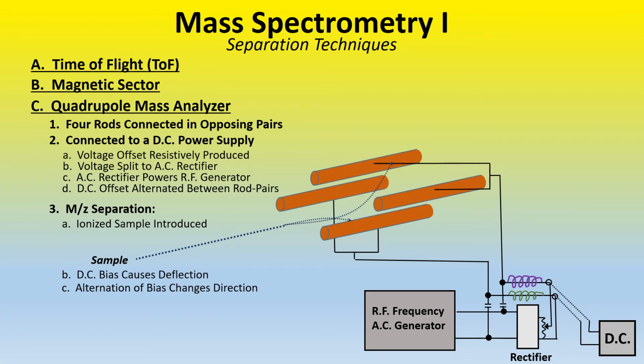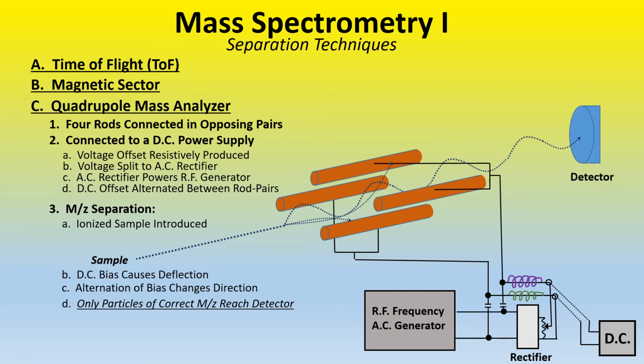What you basically have is an oscillating change in bias at the radio frequency. So for any given voltage, only a particle of a correct M sub Z is able to oscillate at the correct frequency to make it through the dipole and hit the detector.